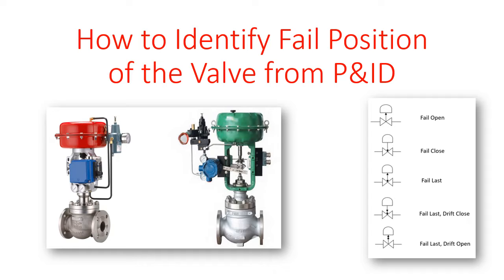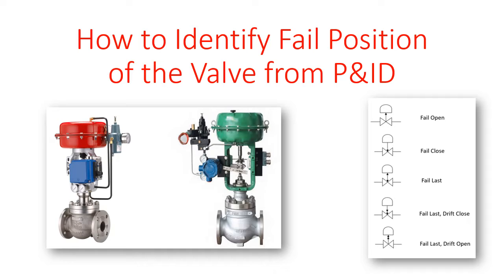it can also be the failure of the power supply and failure of the driving force, which can be air or nitrogen in the case of a pneumatic valve, and it can be hydraulic oil in the case of a hydraulic valve.